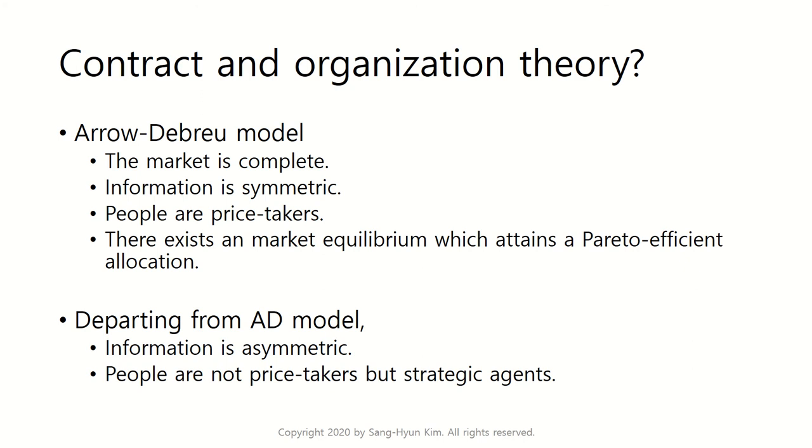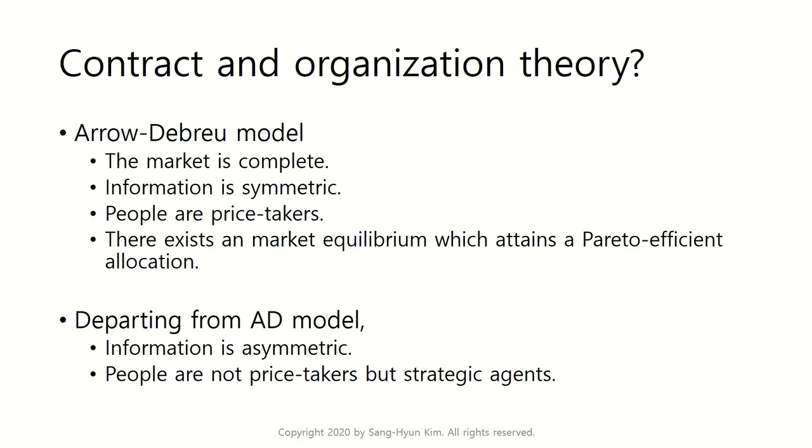And we depart from the Arrow-Debreu model by relaxing some of the assumptions, especially the assumption about information. So we are interested in situations where the information is asymmetric. For example, we are interested in situations where there is some asymmetric information problem about action or effort. So for example, your effort is not observed by me, so I can just observe the exam scores, right?